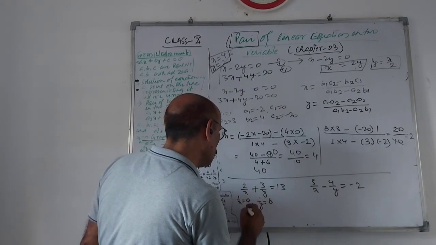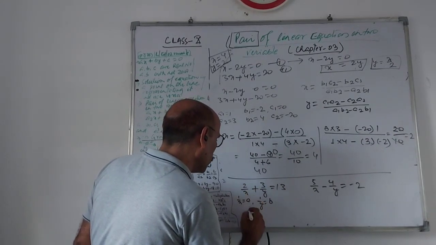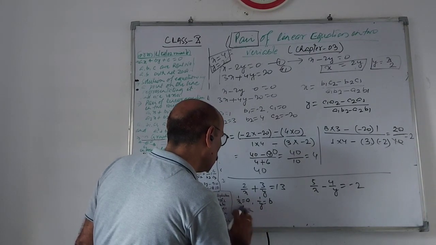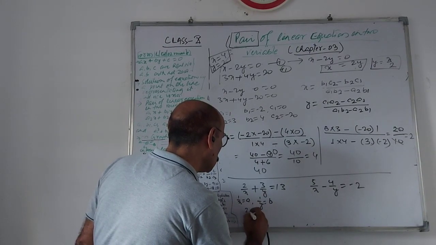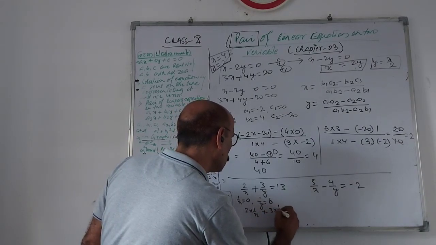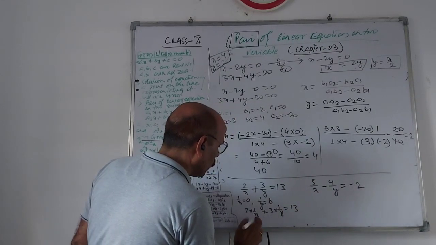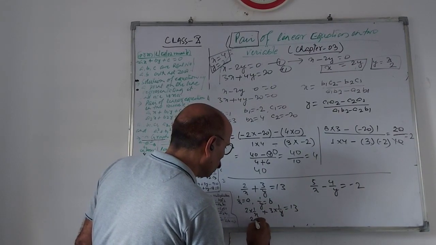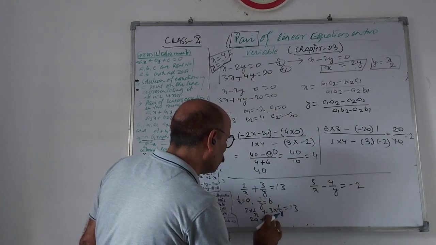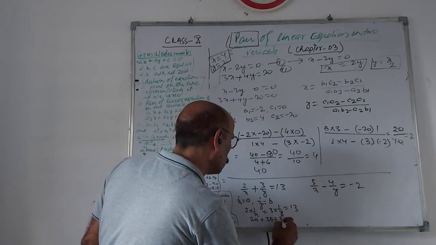So this equation will be 2 into 1 by x, 3 into 1 by y, 13. So 2a plus 3b is equal to 13.